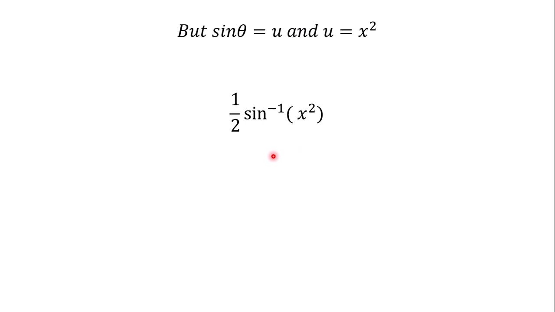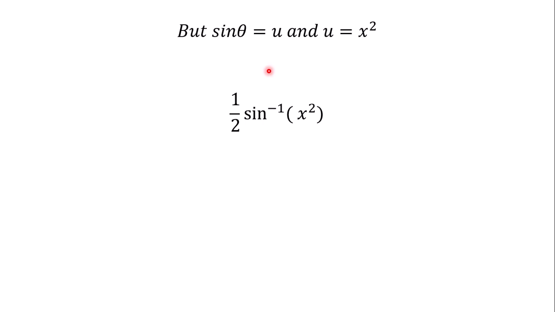So if the problem was like 1 minus x squared, then our answer would probably be just sine inverse of x. Where we were having 1 over square root of 1 minus u squared, the answer we came to get was sine theta is equal to u, and when we take sine inverse of u, we get theta is equal to sine inverse of u.